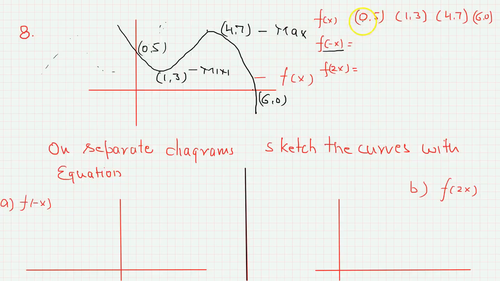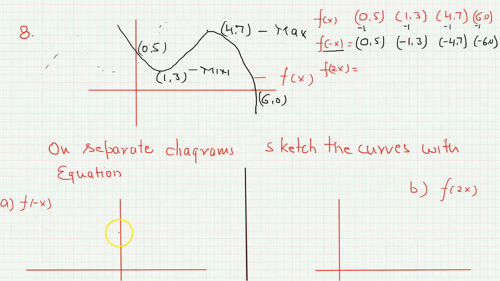We multiply all the x-coordinates by -1. So our coordinates will be (0, 5), then -1 times 1 is -1 and 3, then -1 times 4 is -4 and 7, and this will be -6 and 0.